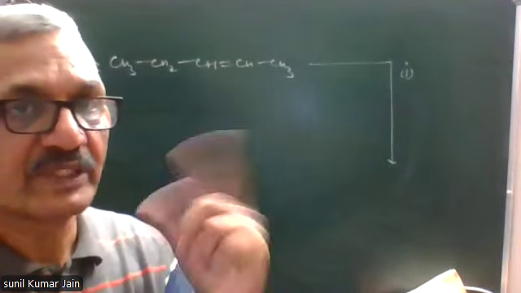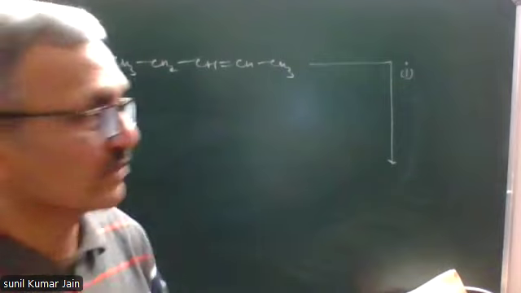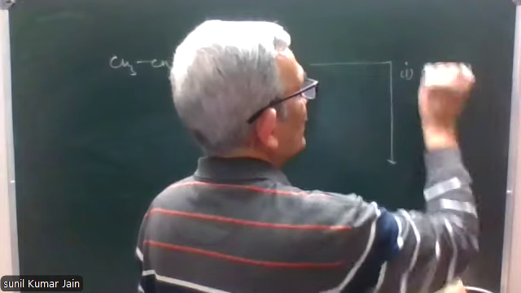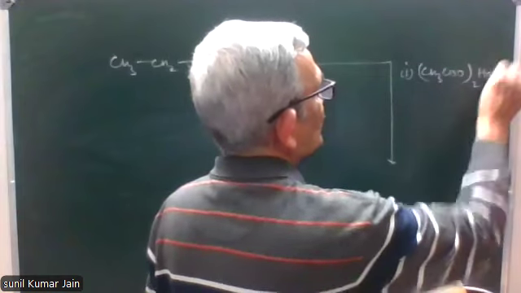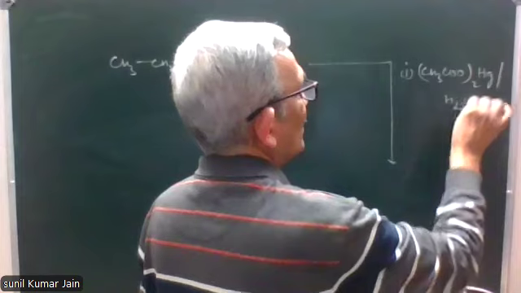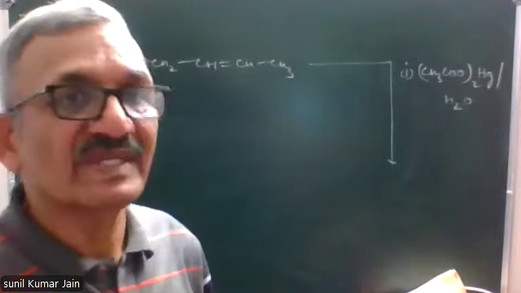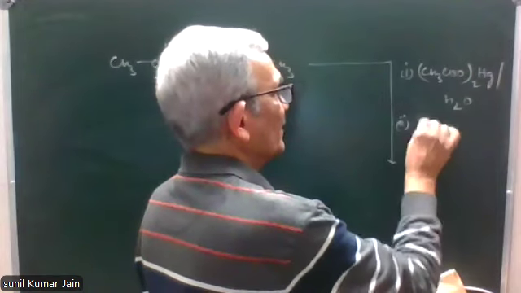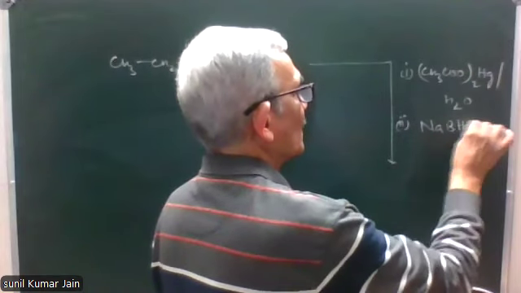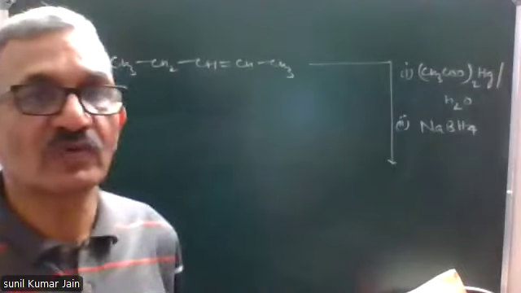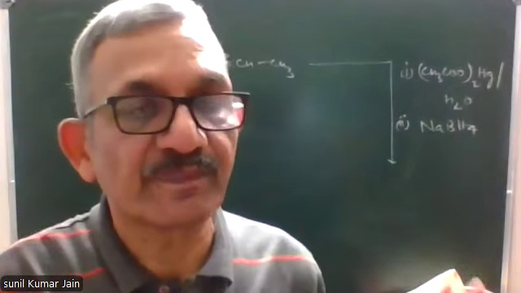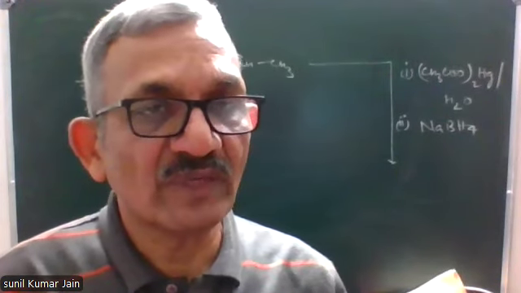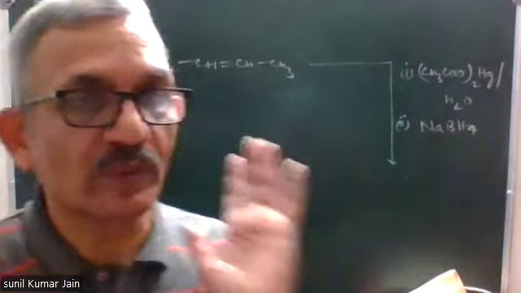Number one, mercuric acetate in the form of aqueous solution, so this is (CH3COO)2Hg in the presence of water, followed by NaBH4, sodium borohydride. Overall, addition of water will take place according to Markovnikov's rule.